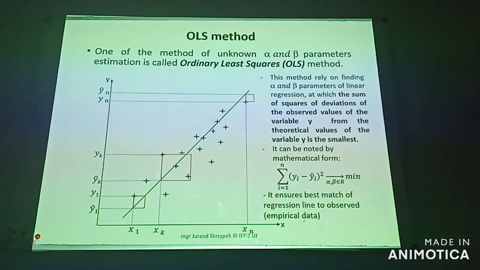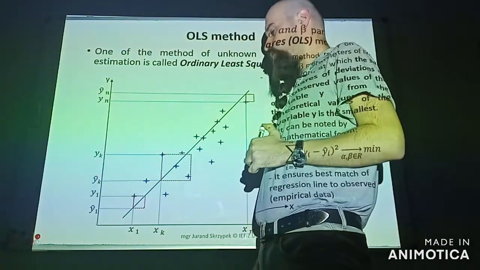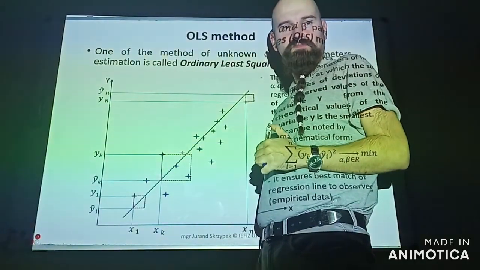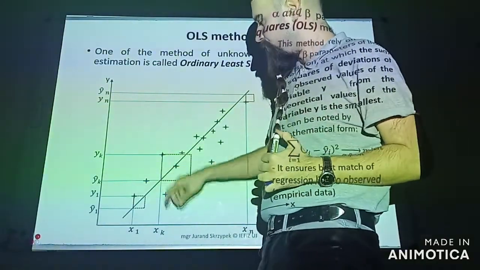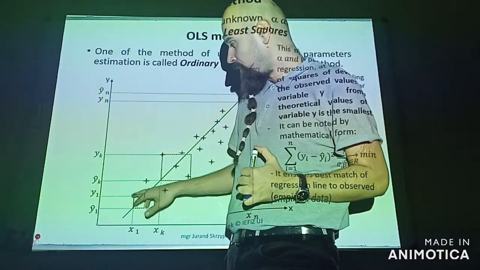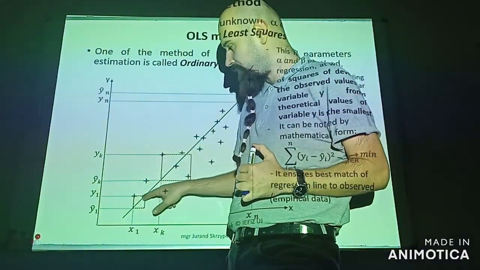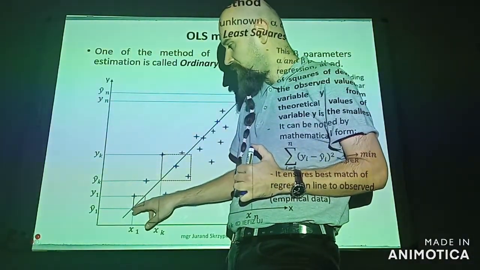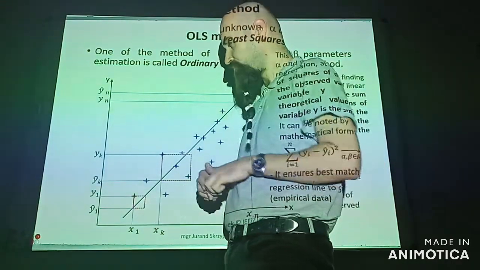Okay, this is the first step. The second step is to compute the deviations. Deviations of what? Deviations of empirical values from the theoretical ones.